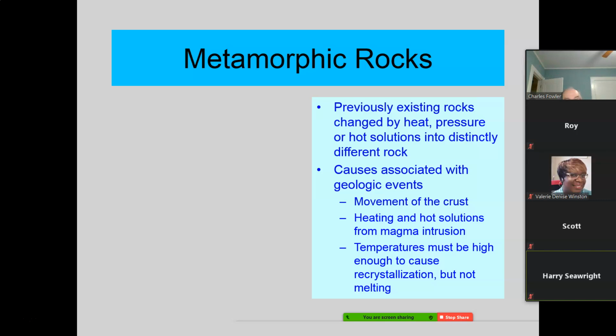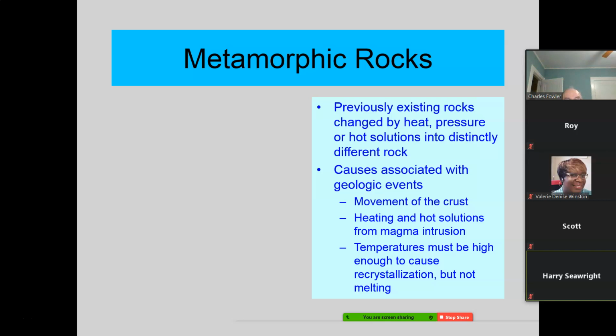A metamorphic rock was a previously existing rock, and it actually was rock, not pieces of rock like sedimentary rock, but pre-existing rock that has been changed, and if you go back to that altered materials slide, you'll see changed by heat, changed by pressure, or changed by hot solutions into a distinctly different rock. It was one type of rock, and just the process of heat, pressure, and or hot solutions changed it into a different rock.